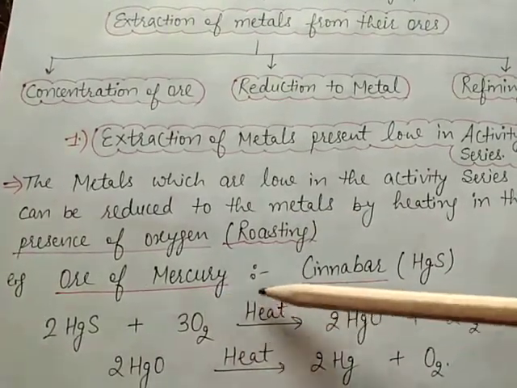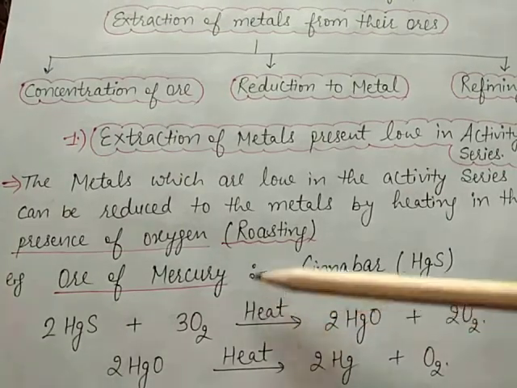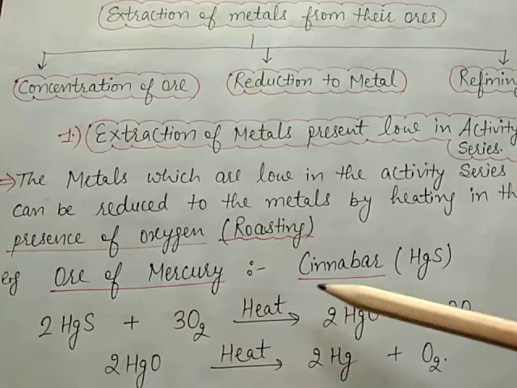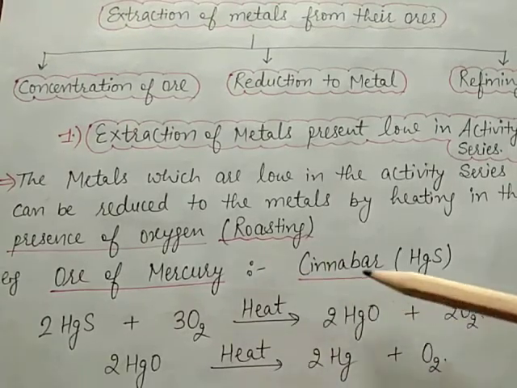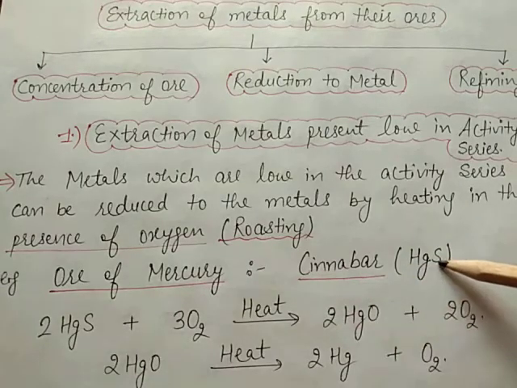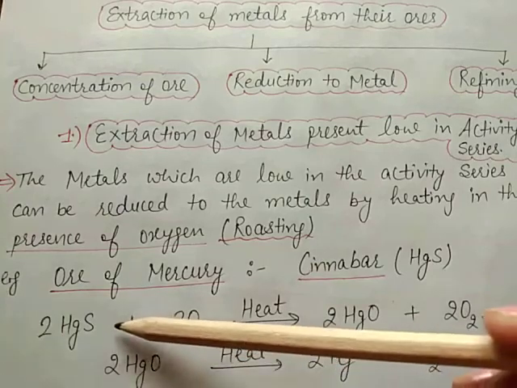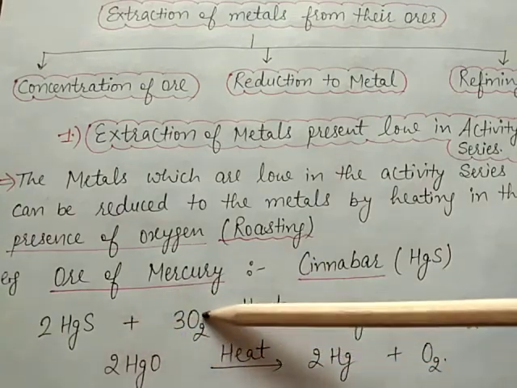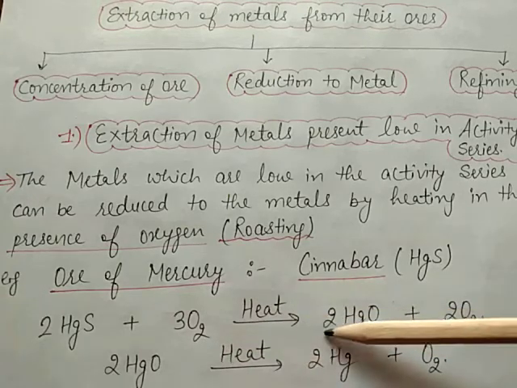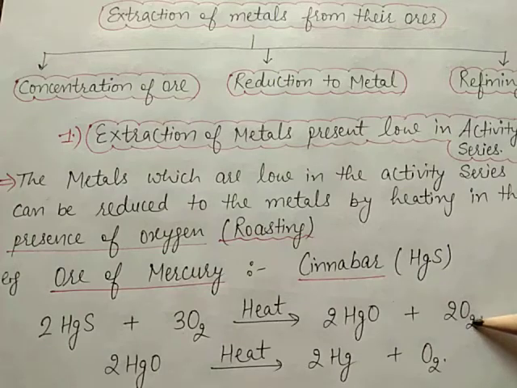Now we take the example ores of mercury, because mercury is low in reactivity series. Ore of mercury is cinnabar. Its formula is HgS. HgS reacts in presence of oxygen. After heating, it will form HgO plus SO2.